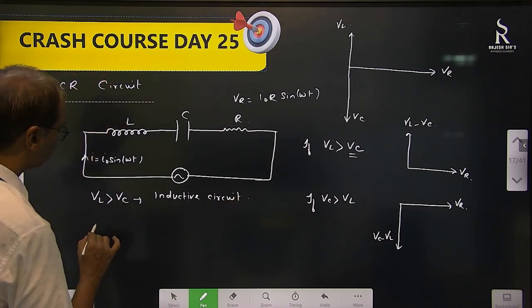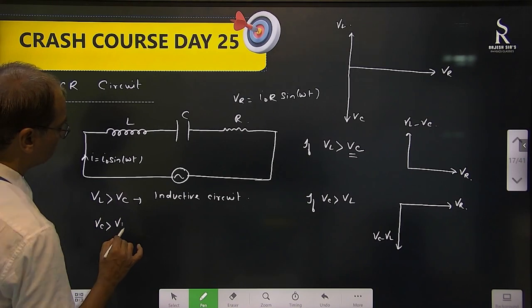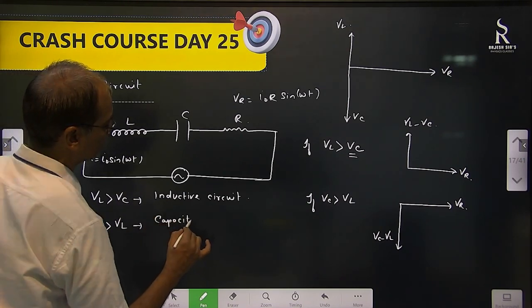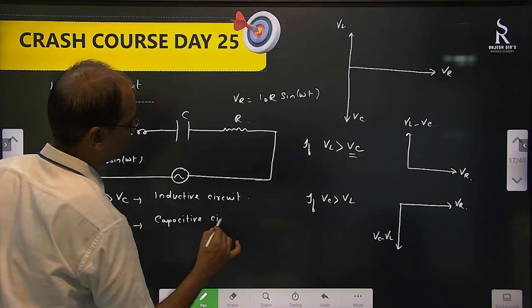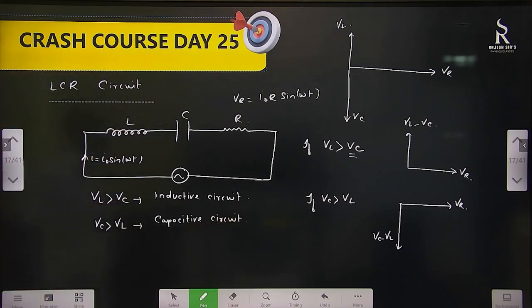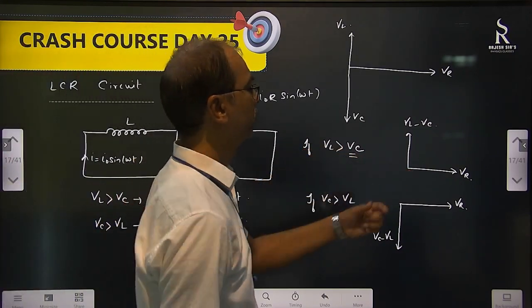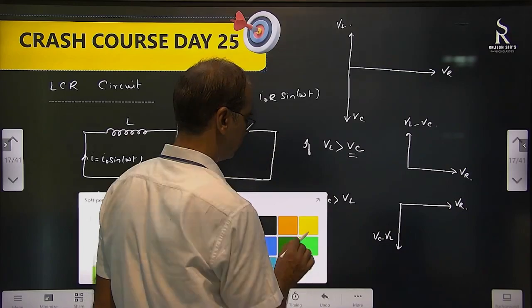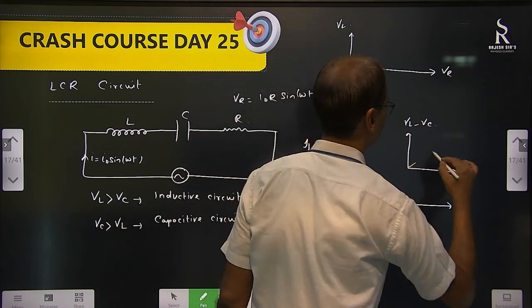And if VC is greater than VL, it's called a capacitive circuit. Clear? So in this one, VL minus VC is here, VR is here, so the resultant will be here in the middle.